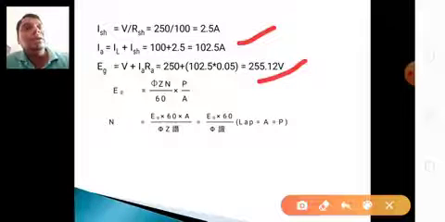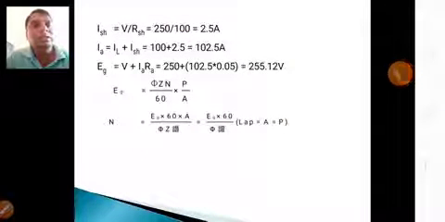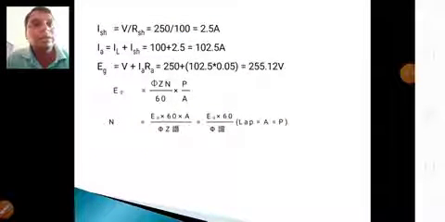Substitute that value in the speed formula. N equal to Eg into 60 into A by φ into Z into P. Eg is 255.12 volts, into 60 into A, where for lap winding A equal to P. P gets cancelled.